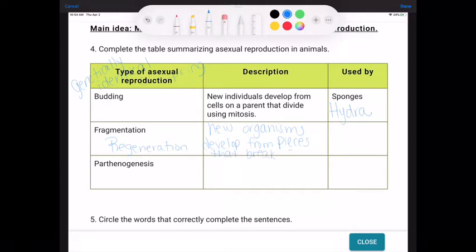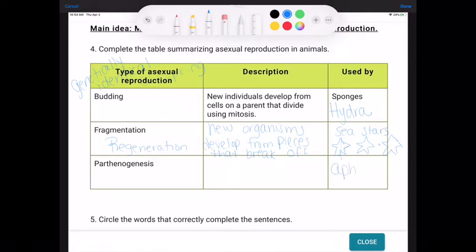And sea stars do this. With the sea star, the starfish could actually break in half, and each half will produce a new organism. And parthenogenesis, new individuals develop from unfertilized eggs.